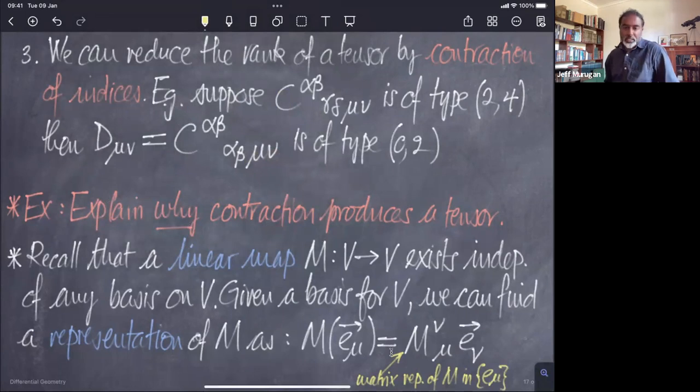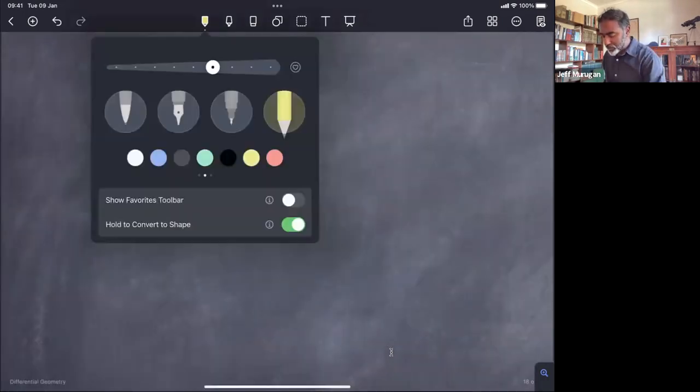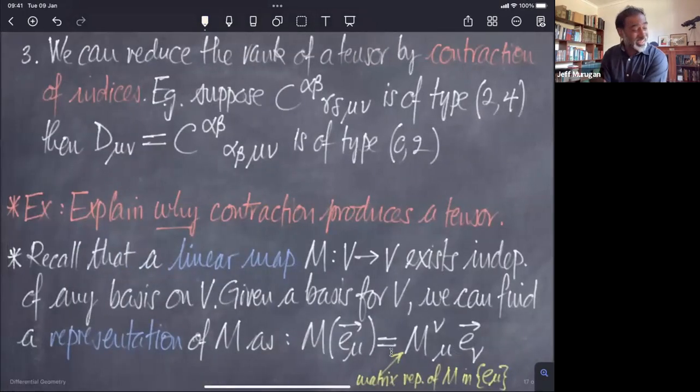This is, of course, a basis-dependent statement. So a different basis will produce a different representation. The matrix that will represent M will look completely different. So the question we should ask ourselves, if I'm telling you that this thing M mu nu is a representation that is actually a tensor, is how does this thing transform?